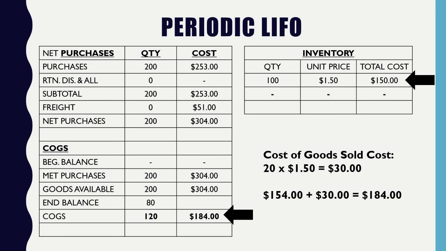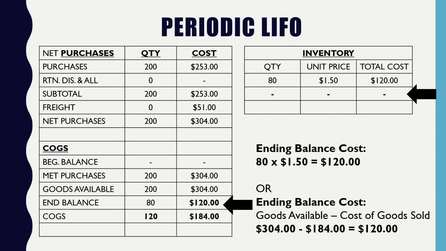So if it costs us $1.50 for each item to sell, we need to calculate 1.50 multiplied by the 20 units that we sold. And that will give us a total of $30. So our total cost of goods sold is going to be 154 plus 30, which gives us 184.